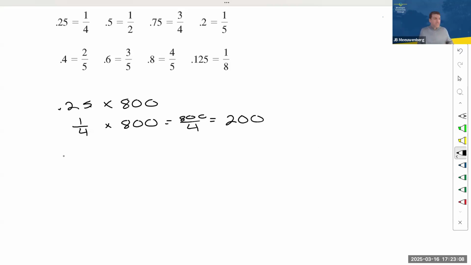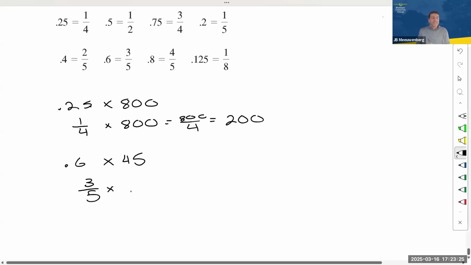One more that you may find helpful is this: 0.6 times 45. Now, again, that initially looks probably like something you wouldn't think you could do in your head. However, if you know that 0.6 is equal to 3/5, notice how there's some cancellation that can happen here. 45 and that 5 can cancel if we remove a factor of 5 from both of them.